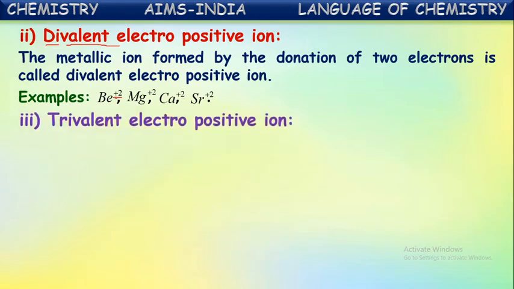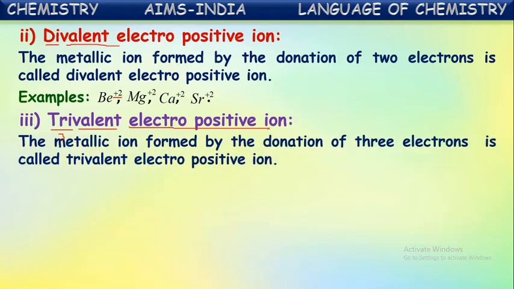Next, trivalent. What does tri represent? Tri means 3. Trivalent electropositive ions are the metallic ions formed by the donation or loss of 3 electrons.